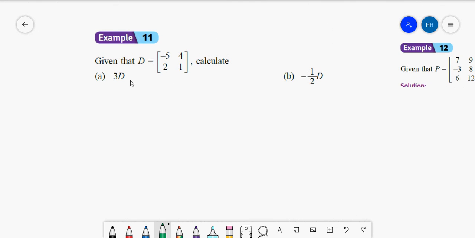Okay, so for example here, this is matrix D, calculate 3D, so 3D equals 3 and matrix D. Okay, so the answer is 3 times -5, 3 times 4, 3 times 2, 3 times 1.